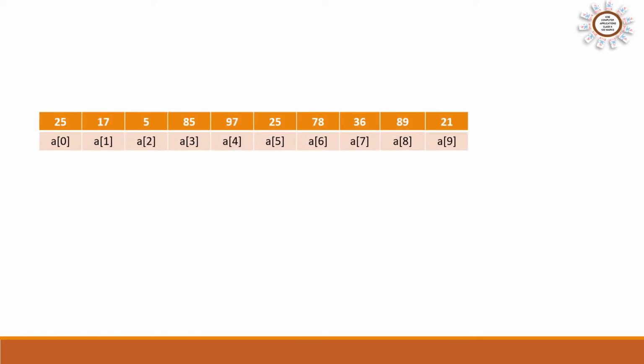With the help of this table, we can see how linear searching will work. Suppose we have 10 elements from A0 to A9 and we have to search whether the number 36 is present in the array. In linear search, we will be searching the elements one by one, starting the for loop.